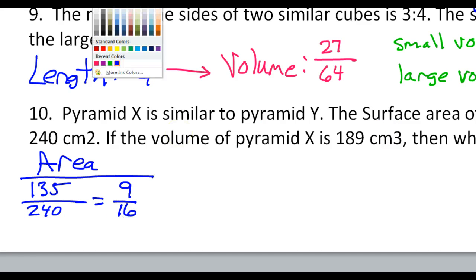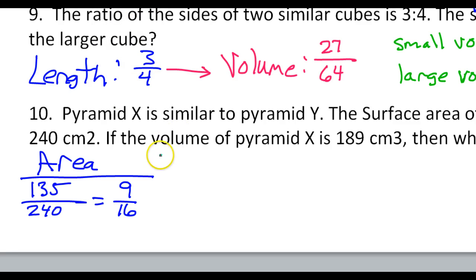We need to use that to figure out what the length scale factor must be.